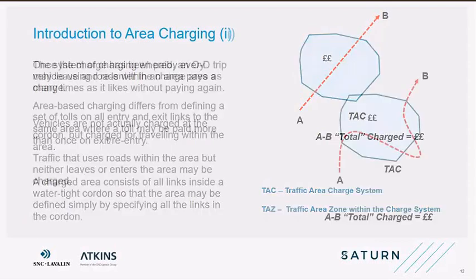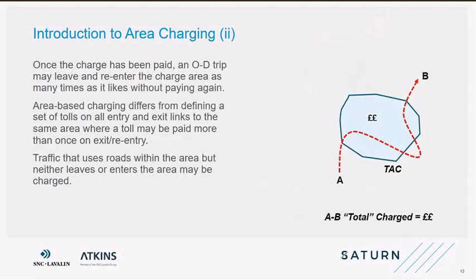Moving on. If you have a TAZ and then there is an OD trip A to B, the trip may leave or re-enter the charge area as many times as it likes, and it pays only once.